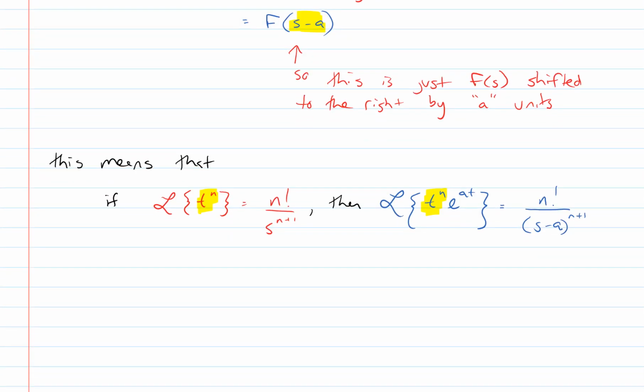Similarly, if we have a Laplace transform of cosine of omega t, we found earlier that it was s over s squared plus omega squared.